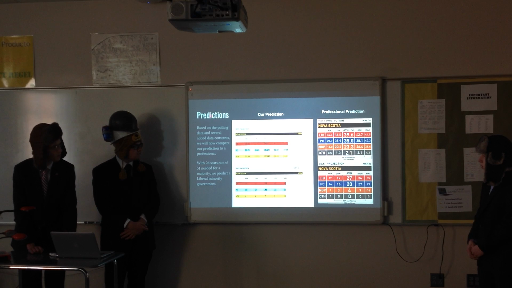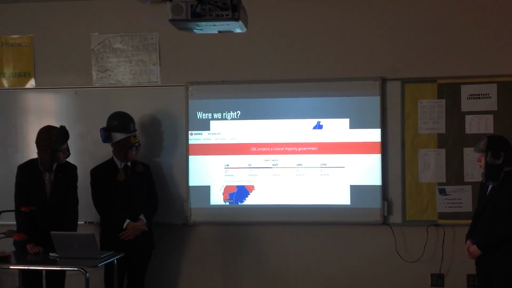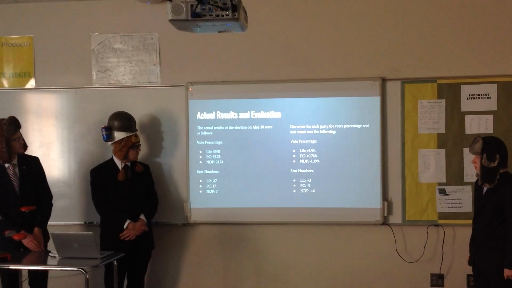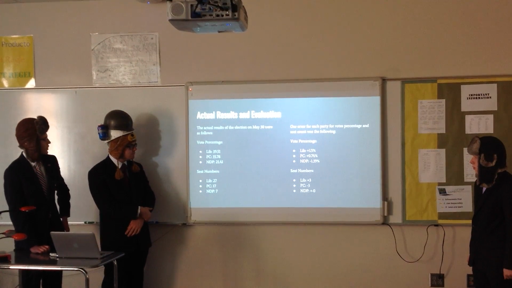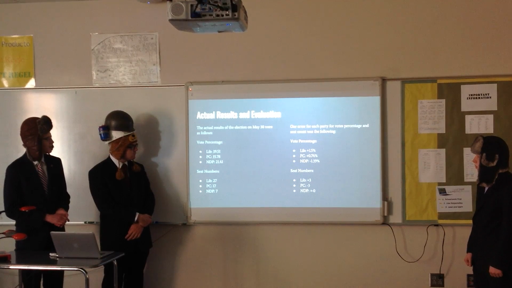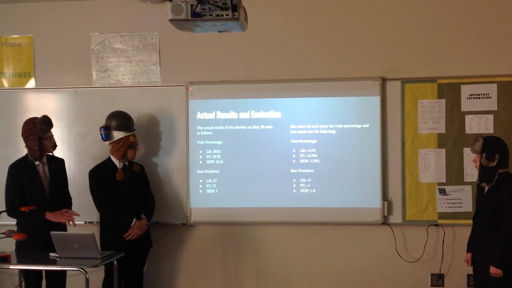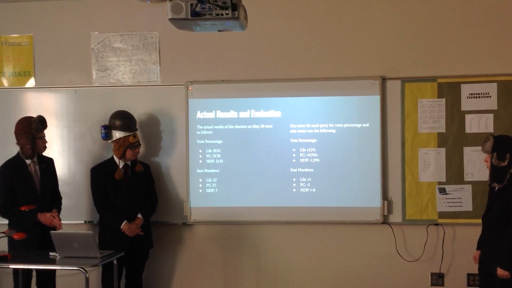So then, was this right? Slightly. So looking at what happened, we predicted 24, 20, 7, and we got 27, 17, and 7. So we were 3 seats off for the Liberals, 3 seats off for the PCs, and we perfectly predicted for the NDP.